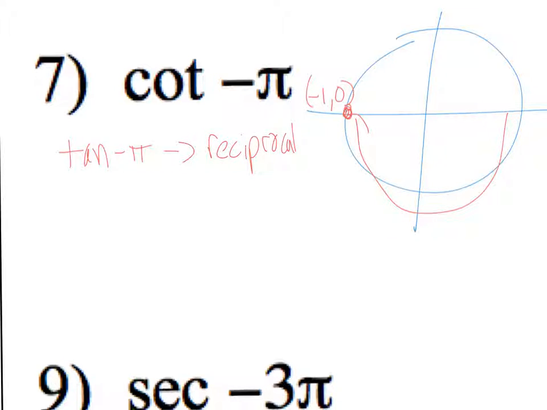Tangent of negative pi is y divided by x here, or 0 divided by negative 1, or 0. Cotangent is going to be the reciprocal, which is negative 1 over 0, which is undefined.